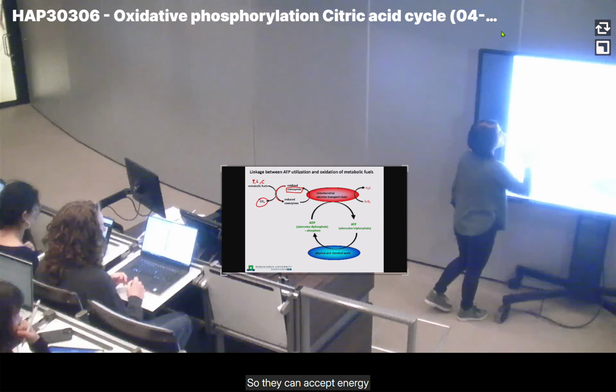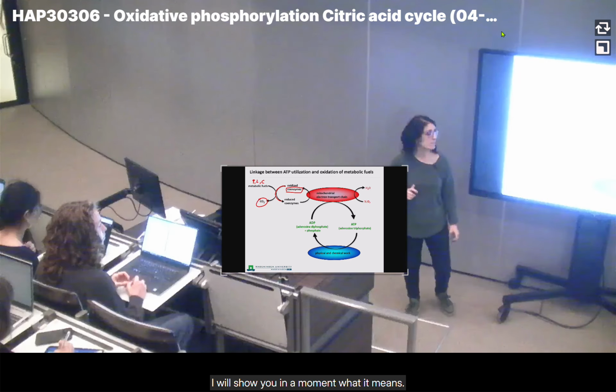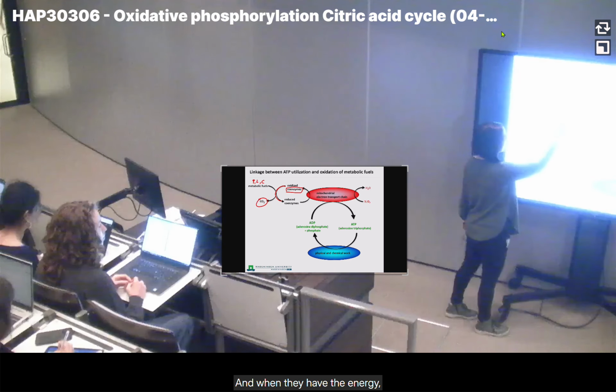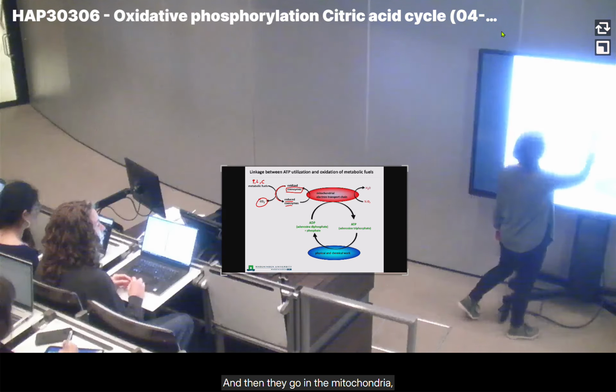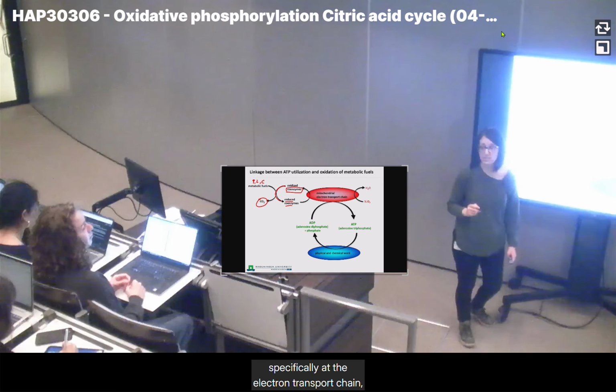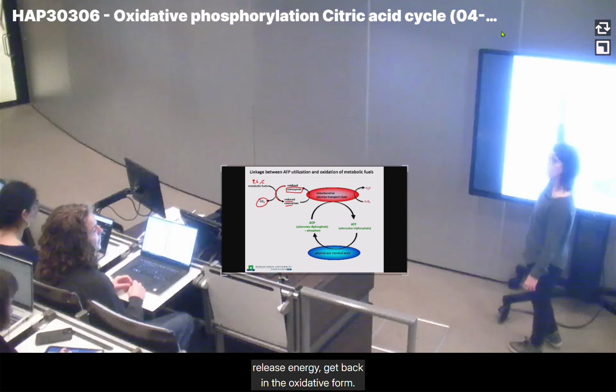Think about the coenzymes like a kind of messenger. They transfer energy from one molecule, and then they arrive specifically at the mitochondria where they release this energy. And that's why we have this cycle. They can accept energy when they are in the oxidative phase. I will show you in a moment what it means. And when they have the energy, they are called reduced coenzymes. Then they go in the mitochondria, specifically at the electron transport chain, release energy, and get back in the oxidized form.